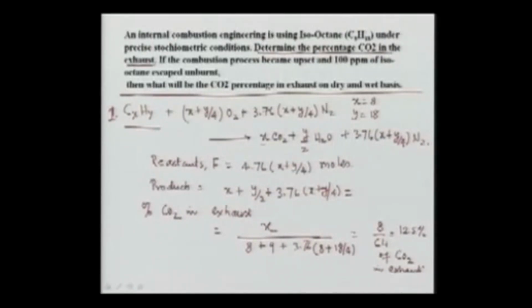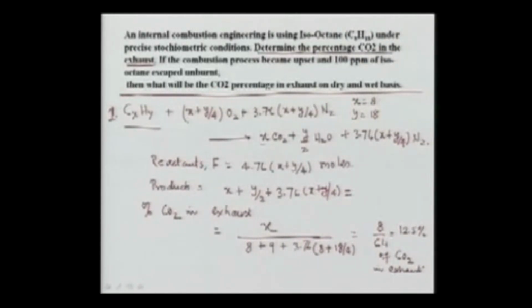Okay, I repeat, I wrote the general combustion reaction equation, balanced it, and then found the product side. Product is x moles of CO2, let's not forget x moles of CO2, y by 2 moles of water, 3.76 x plus y by 4 moles of nitrogen. So I could find the total moles because my x, y are known.